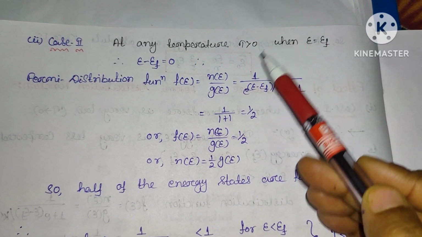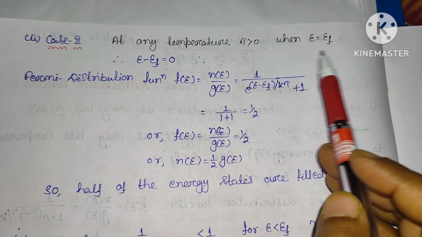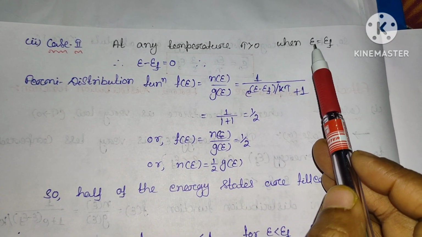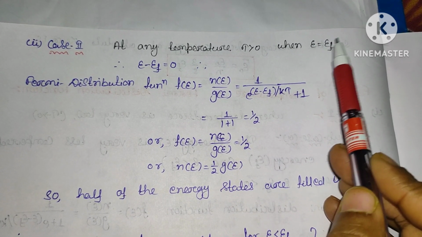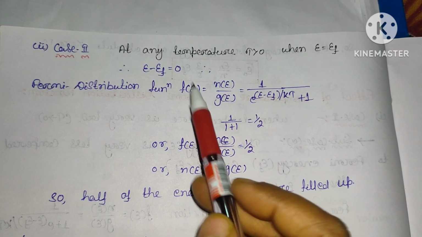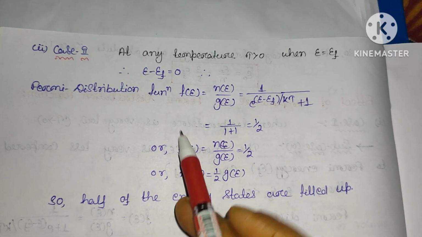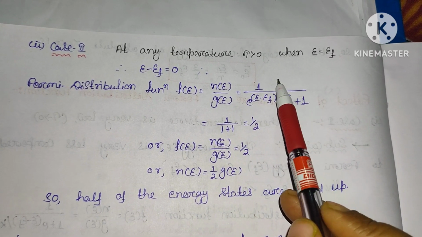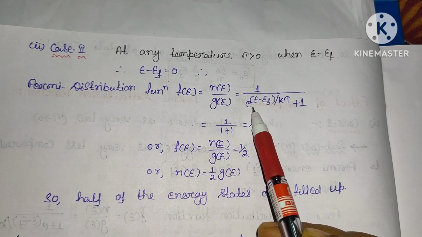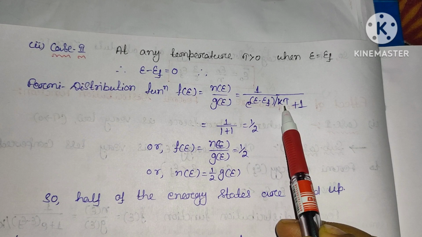Now see the second case, at any temperature, that is when the temperature is greater than 0, it means greater than absolute 0 temperature. In that case, if we consider that any energy level E is equal to this Fermi energy level, this Fermi distribution function n of E divided by g of E will be equal to 1 by 1 plus exponential E minus EF by kT.